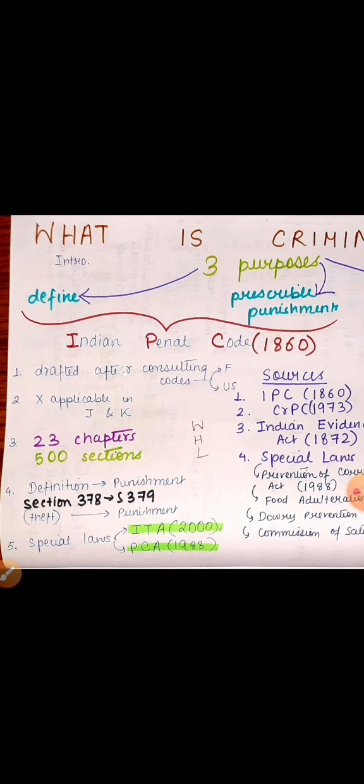That's enough. Now, IPC was drafted after consulting various existent law codes around the world. You won't be surprised that the legal justice system in India, in the criminal area and the civil side, everything is heavily influenced by the Victorian tradition, as in the laws in existence in England.